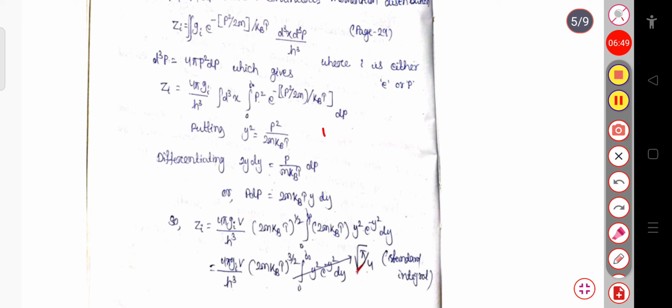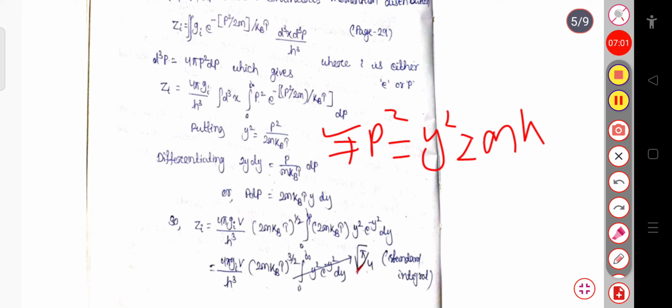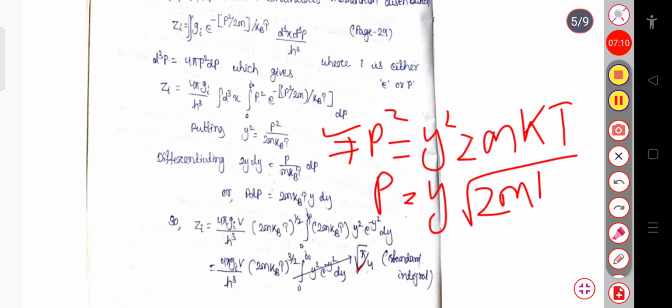Here, taking y square as p square by 2m kT, we can write p square equal to y square into 2m kT, and p will be equal to y into the square root of 2m kT, where k is the Boltzmann constant kB. Taking the derivative, 2y dy will be equal to 2p dp divided by 2m kT, so cancelling the 2, p dp equals 2y dy into mkT.